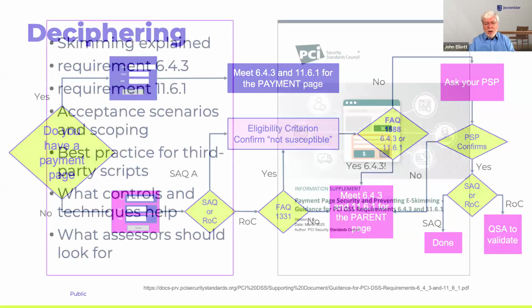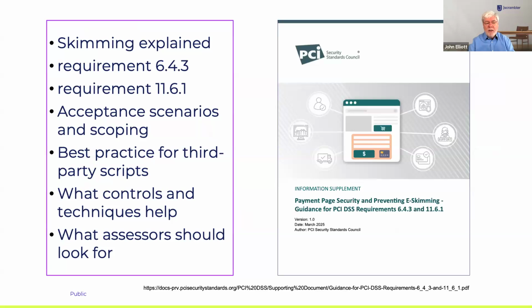At the same time as doing all of this confusing changing of FAQs, the council also issued this really helpful document called Payment Page Security: Preventing E-Skimming, Guidance for PCI DSS Requirements 6.4.3 and 11.6.1, which doesn't mention really anything to do with these new FAQs, but it actually tells you how to meet 6.4.3 and 11.6.1. It is a very good document.